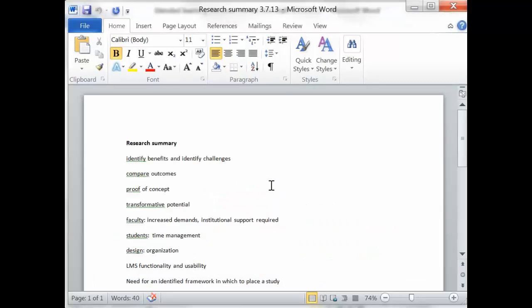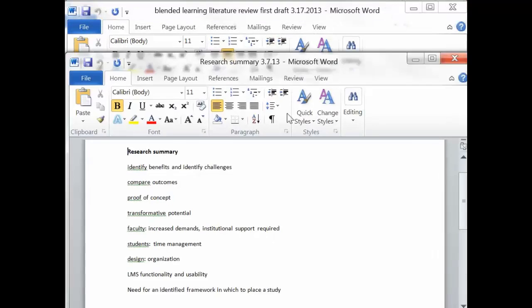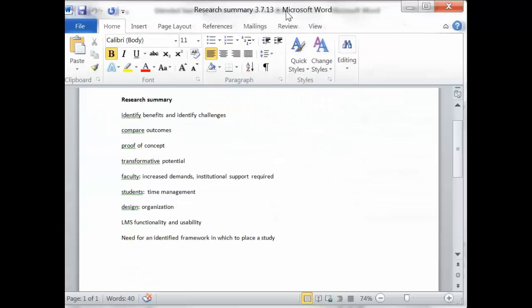Okay, so that was going through that review, going from my initial review of the literature, which you've all conducted. I pulled out these topics. So identify benefits and challenges, compare outcomes, the transformative potential, which I wrote into the literature review in the introduction of that topic piece, faculty increased demands, the demands on students, the design, LMS functionality and usability, and need for an identified framework in which to place the study.